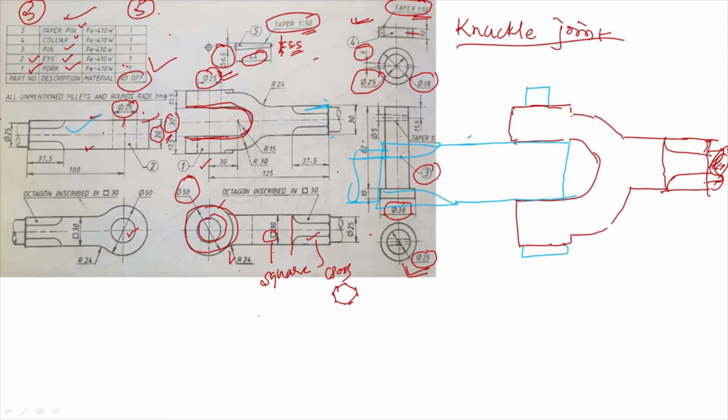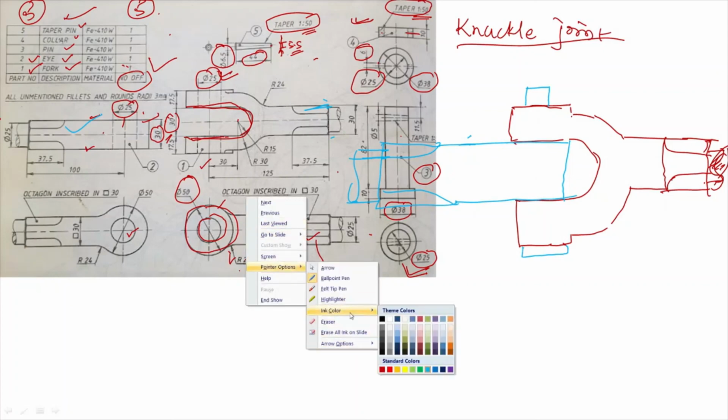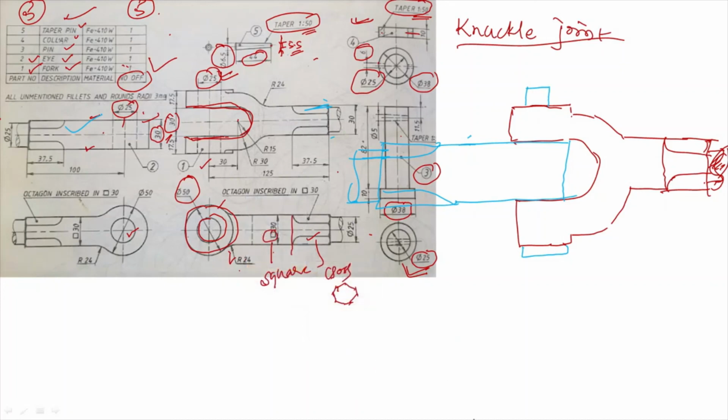Next, the fourth part is the washer. Now I'll place the washer here. The last part is the taper pin.